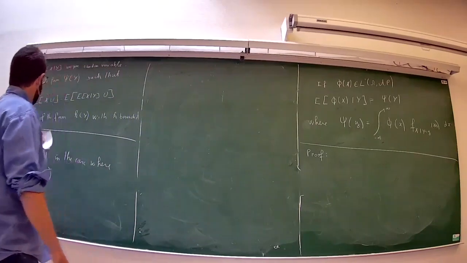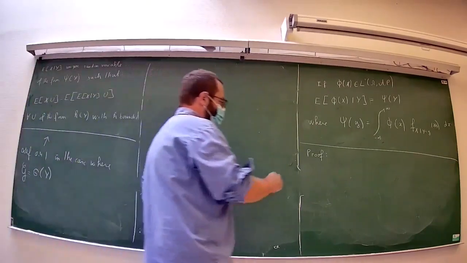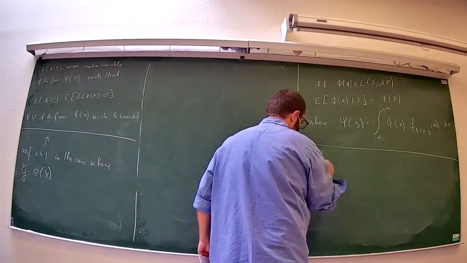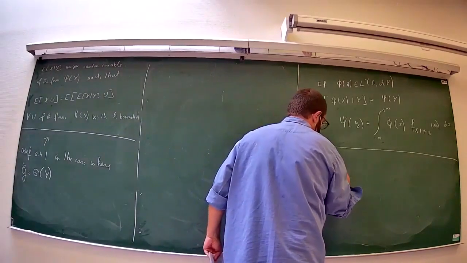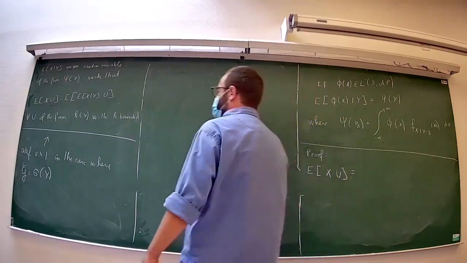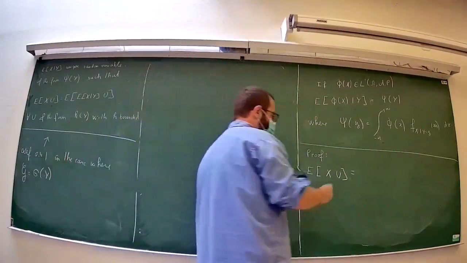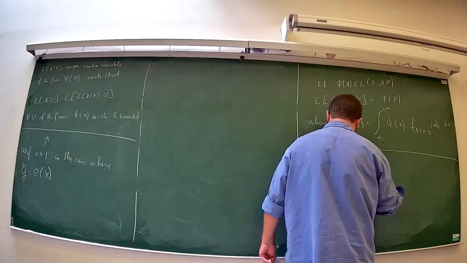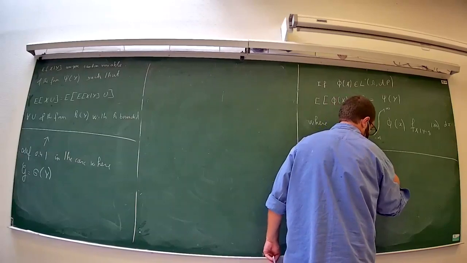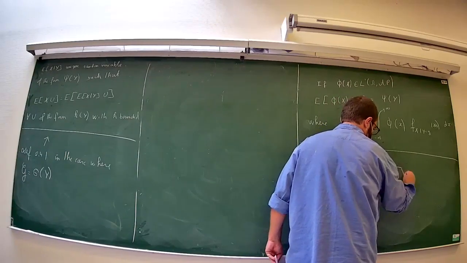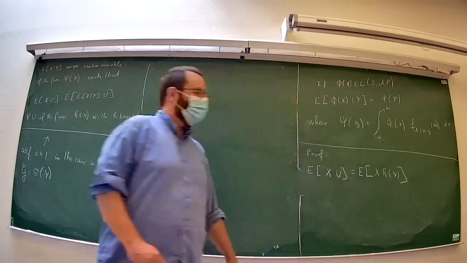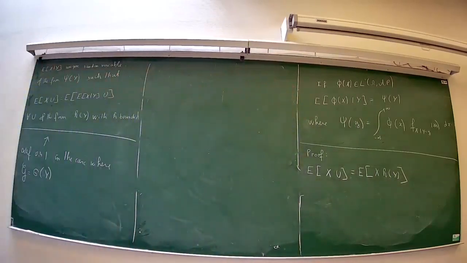So let's start with the expectation of x times u, where I take for u the function of y, h. Okay, that is this one. So this one may be expressed by using the joint density of x and y.